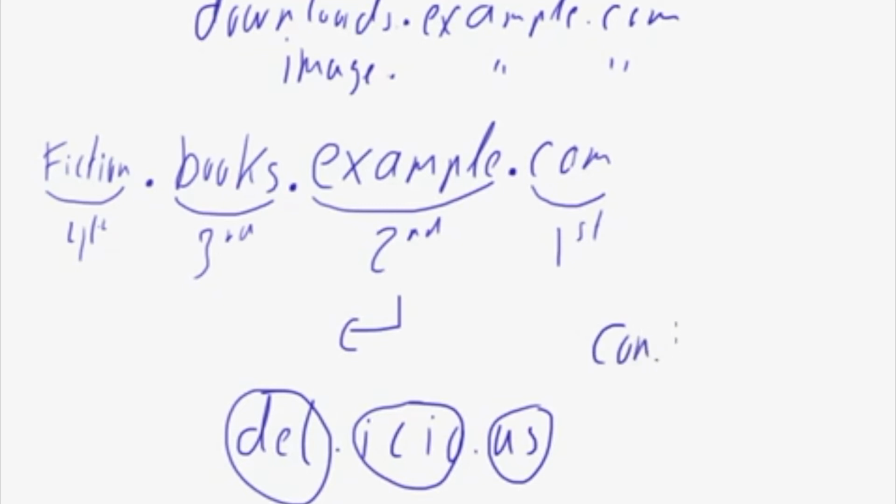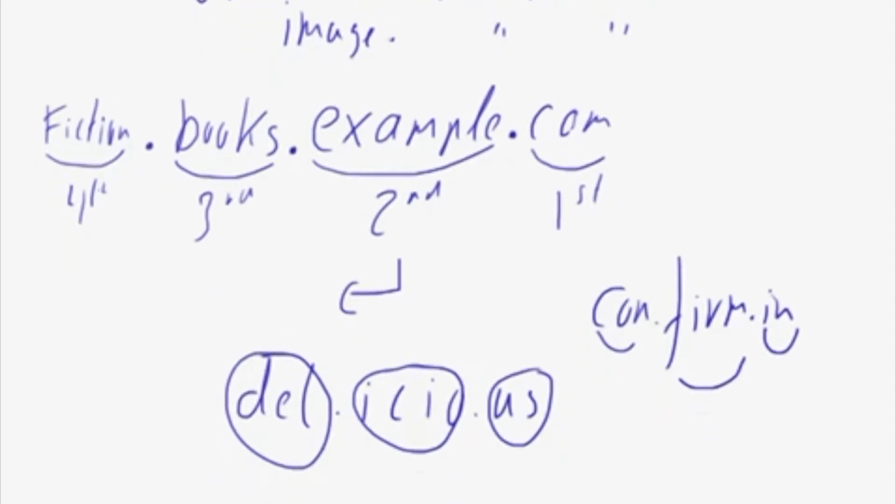Another company not so famous is, for instance, Confirmin. This is the top level domain. IN is the top level domain of India. Confirm, firm is then the second level domain, and that would be the third level domain. So you can see subdomains have numerous functions that you can use them for.